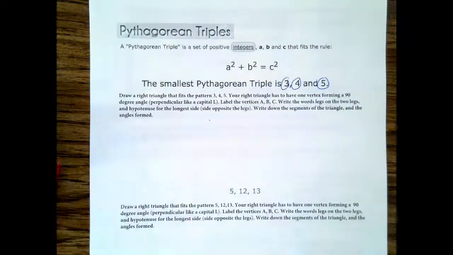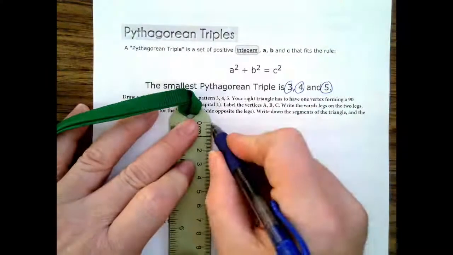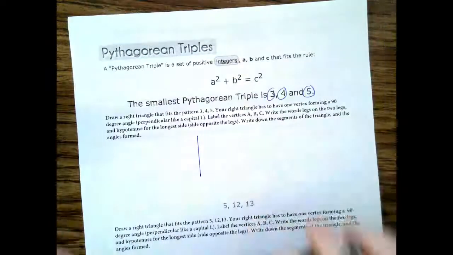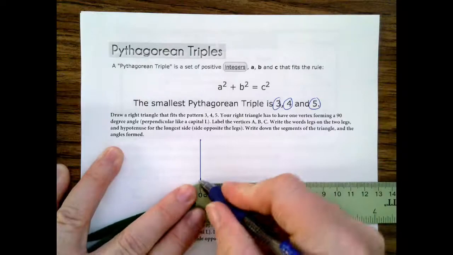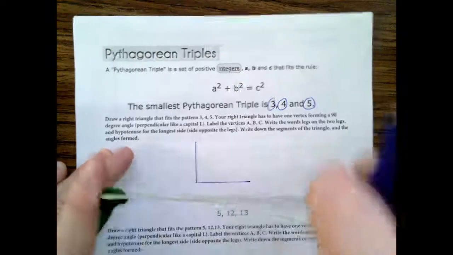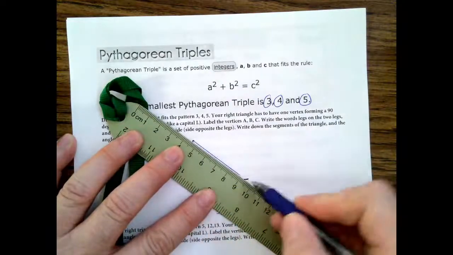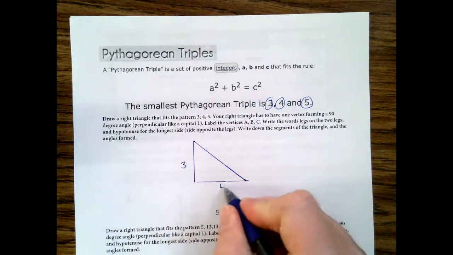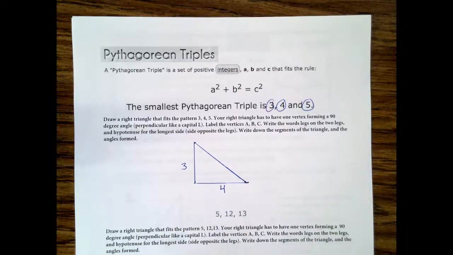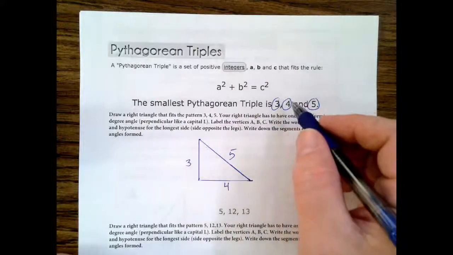I could just do it in centimeters, I guess. 3, 4, and 5. Notice you can't measure the 5, so you got to do the 3 and the 4 first. This was 3 and 4 and 5. That's a Pythagorean triple, the most basic one.